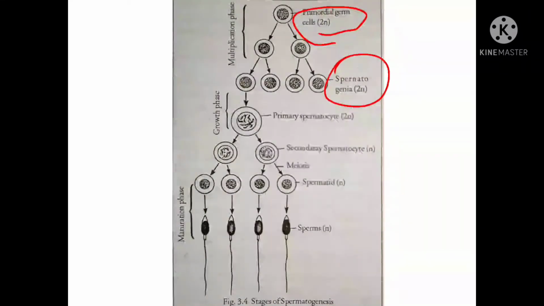Some spermatogonia grow in size by accumulating food material, and now they are called primary spermatocytes, and they are diploid. From primary spermatocytes, secondary spermatocytes are formed by meiosis division and chromosome number is reduced to n.